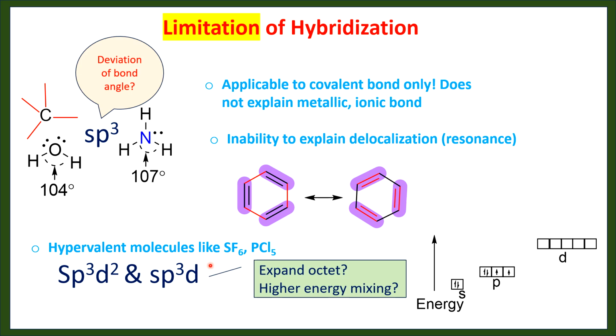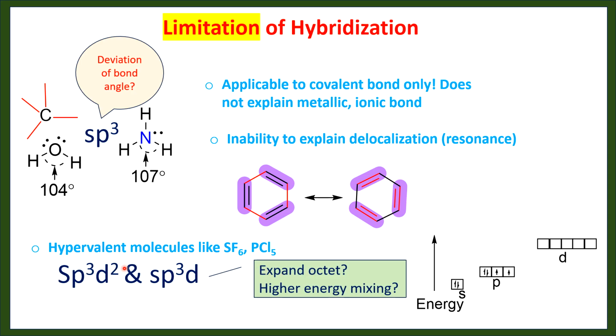In the case of hypervalent molecules like SF6 and PCl5, these molecules have sp3d2 and sp3d hybridization, but 6 orbitals mean 12 electrons, 5 orbitals mean 10 electrons, so they already have an expanded octet, whereas according to the theory, hybridization should only complete the octet. So these cases exceed the octet rule, and it cannot explain them.